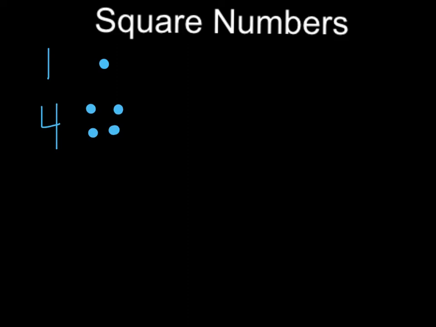For the number 1, our number sentence is 1 times 1 equals 1. The number model that represents this array for the number 4 is 2 times 2 equals 4. What pattern do you see? What do you think the third square number is?